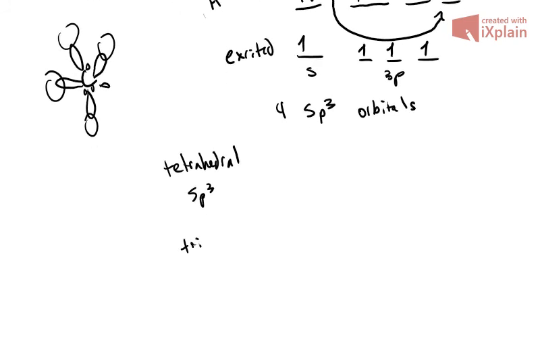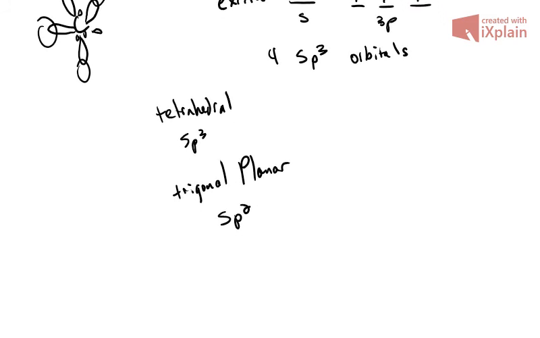Anything that is trigonal planar will form sp2. And then anything that is linear will form sp. Meaning there are 4 things off the central atom, 3 things off the central atom, and then 2 things off the central atom.